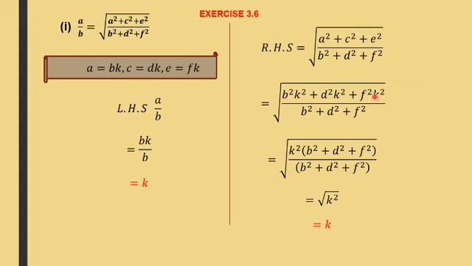Taking k square common from the numerator, we have k square into b square plus d square plus f square divided by b square plus d square plus f square. Numerator and denominator are the same, cancel out. We have only square root of k square. This square cancels with the square root. We have only k. So left hand side is equal to k, right hand side is equal to k, which means that left hand side is equal to right hand side, which is our final answer.